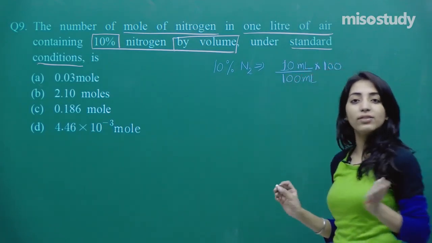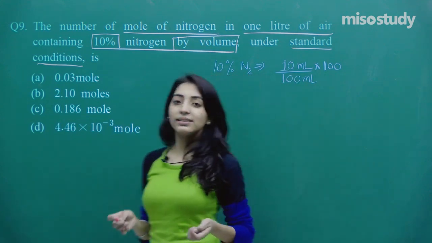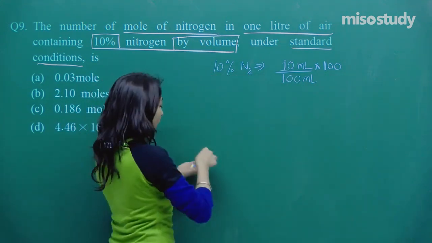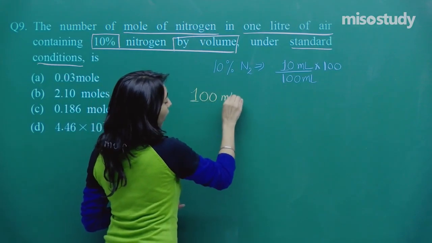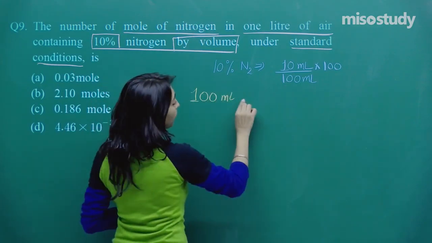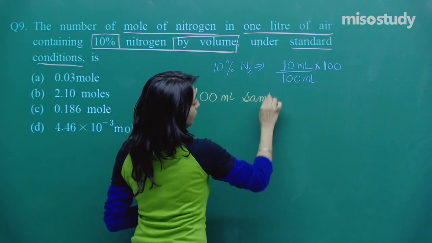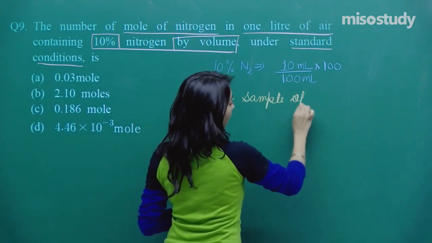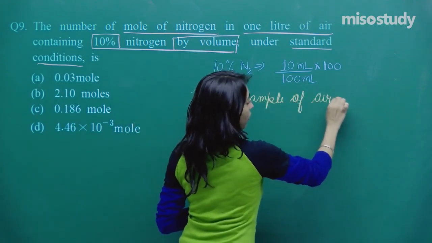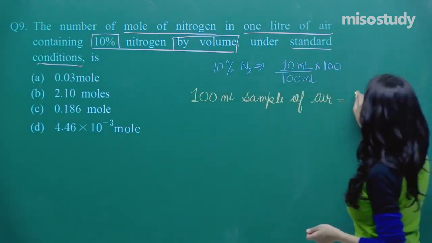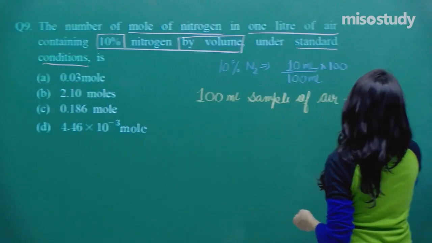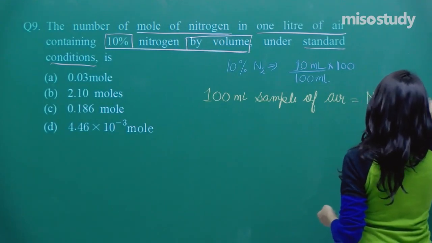This is what we have learned. So now can I say that in a 100 ml sample of air, the amount of nitrogen will be 10 ml.